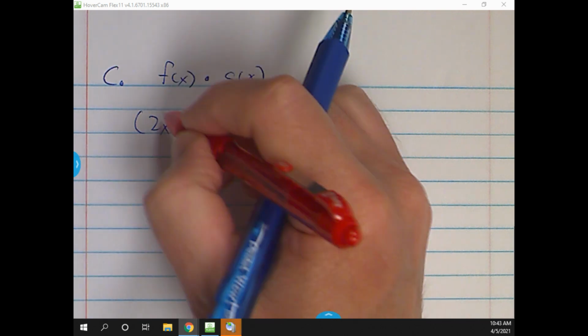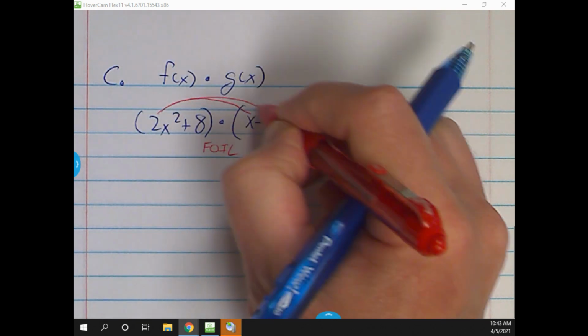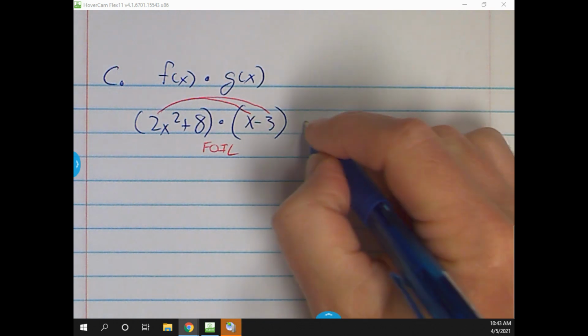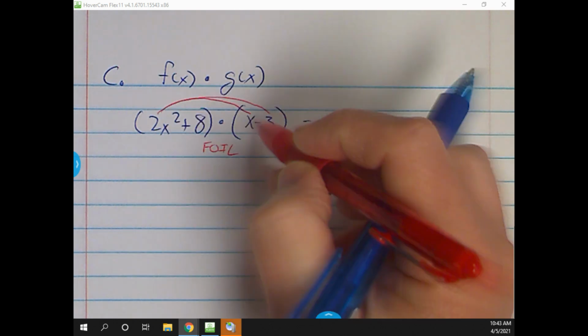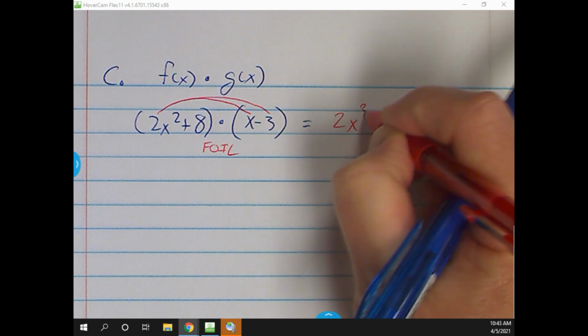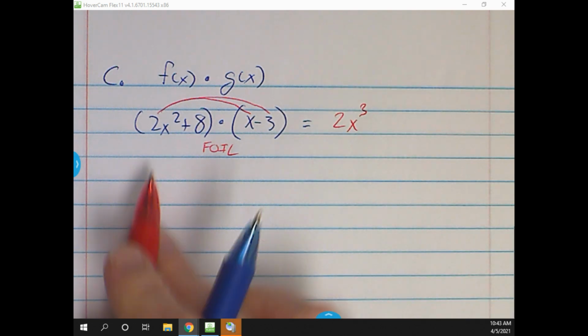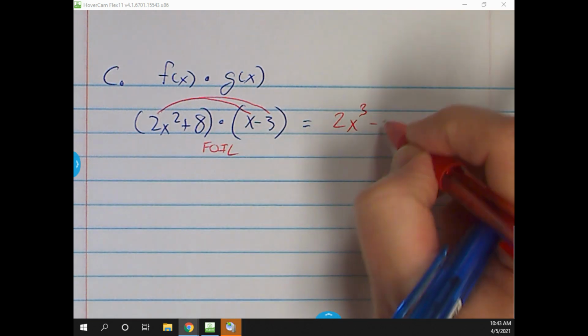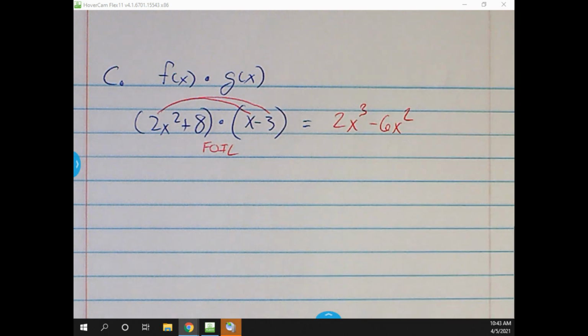All right, so we do 2x squared times x, and then 2x squared times negative 3. So 2x squared times x would be 2x to the third, and 2x squared times negative 3 would make that negative 6x squared.